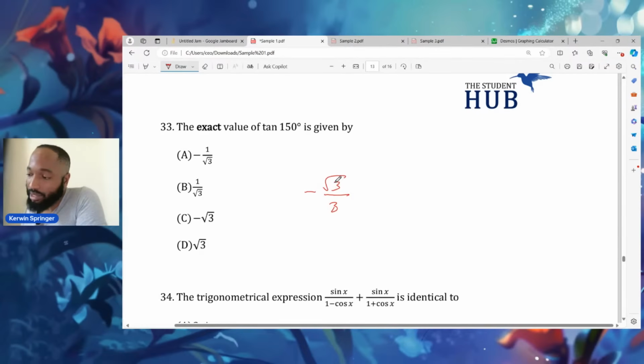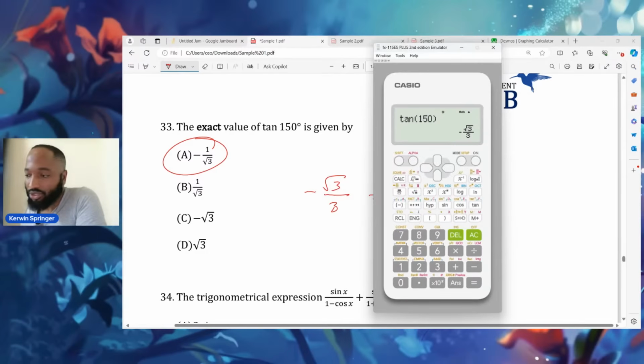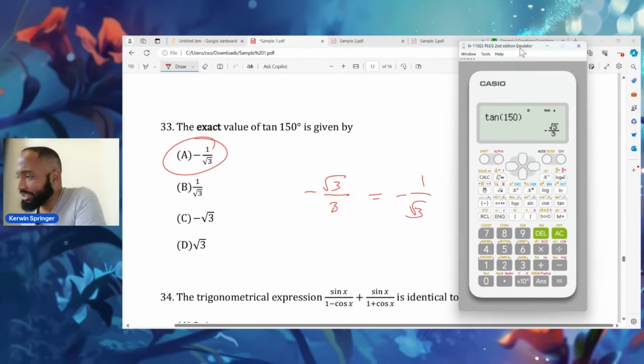Remember, your calculator rationalizes the denominator. So get that root 3 back in the denominator and you will realize what's going on. This is the same as negative 1 over root 3. People didn't know how to use the calculator well, so it was stressful. It's a question that could stress people out, but it's easy.